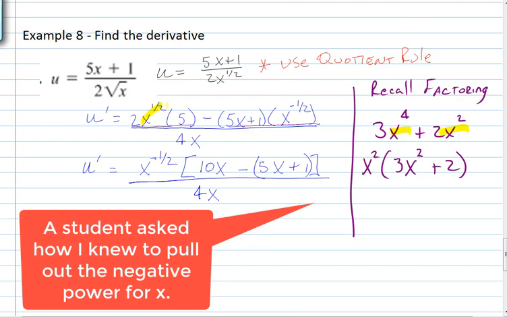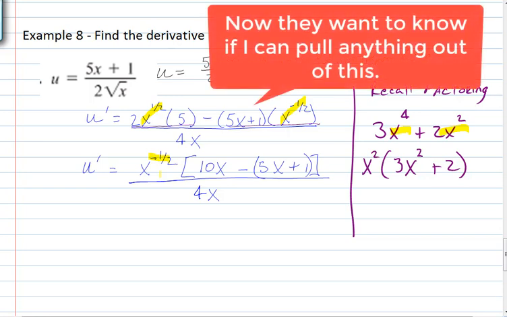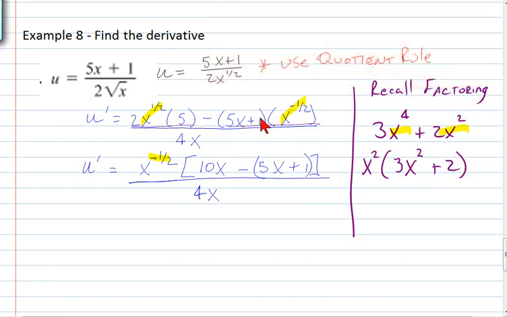Negative 1/2 is smaller than 1/2, so that's what I pulled out: x to the negative 1/2. No, because there's no other common factor here. This is an expression in parentheses. You treat it as if it were a single entity. That's kind of like acting like your 2 did over here.